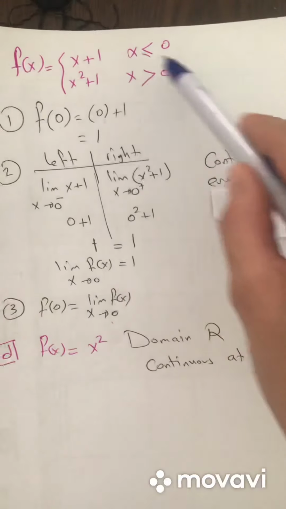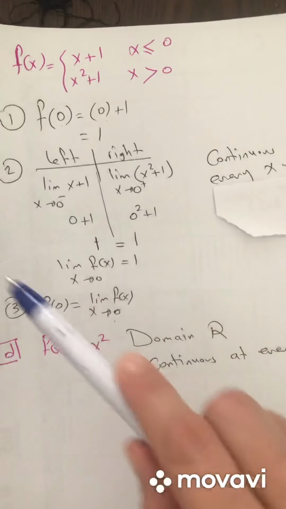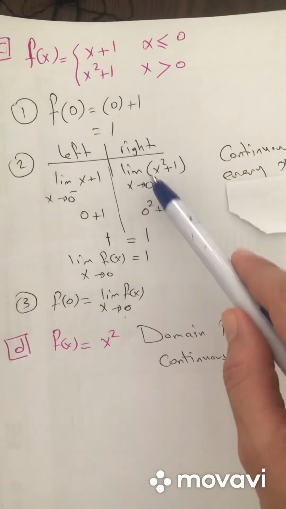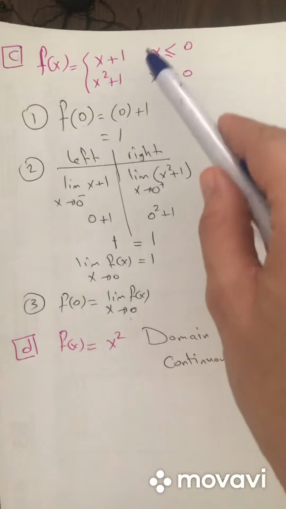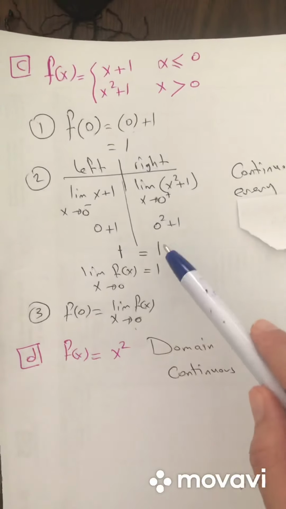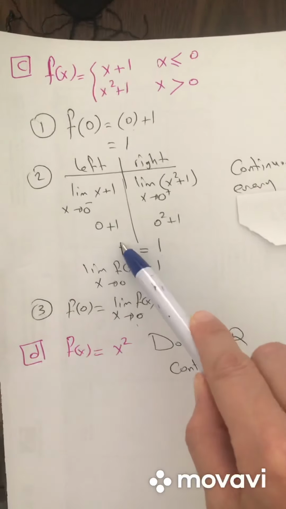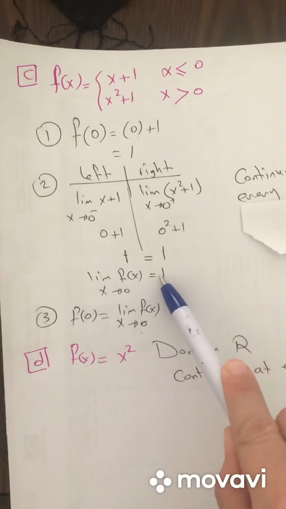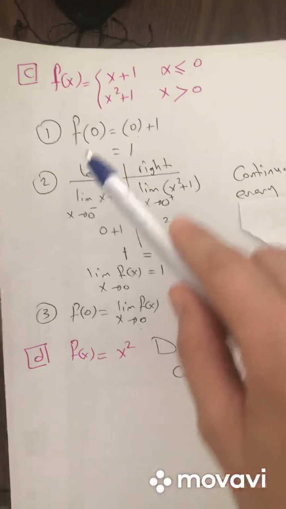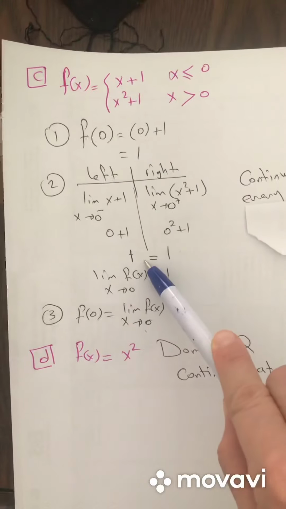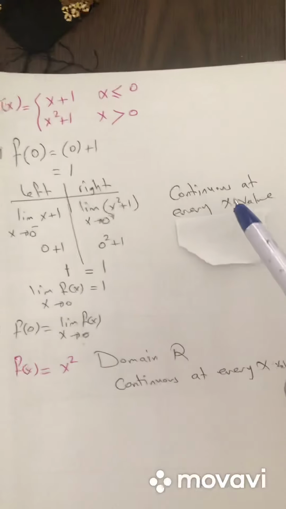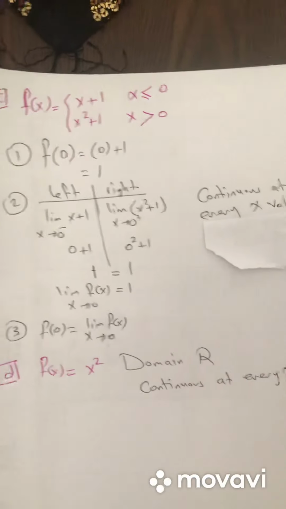Of course, the first because of the equal. Right and left: where should I substitute for the right? Greater than. Where should I substitute for the left? Less than. And I got the answer. This is a 1. This is a 1. So this is the limit. It's a 1. So the first and the second conditions are equal. What does that mean? Continuous at every x value.